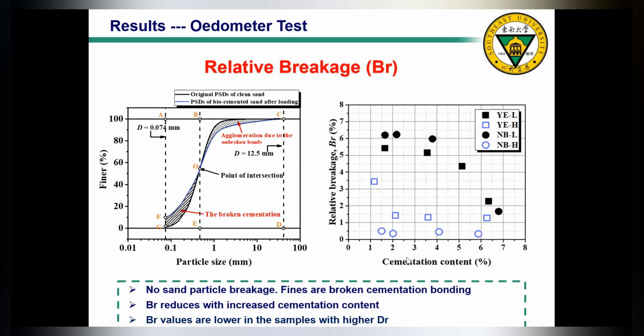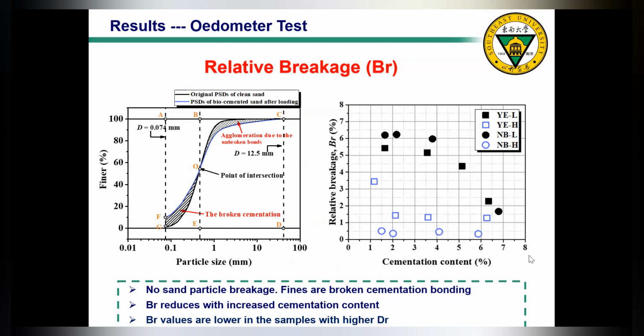However, with increasing cementation content, the Br value reduces significantly. It means that if we have a lot of cementation content, the breakage of cementation bonding will be less severe.